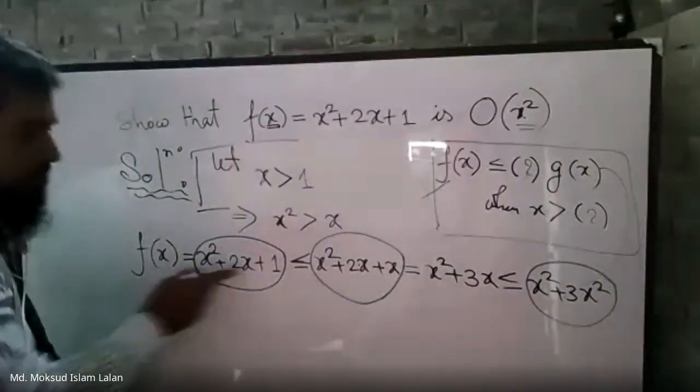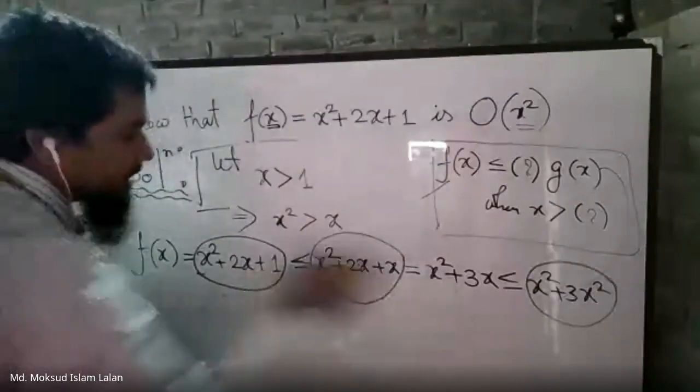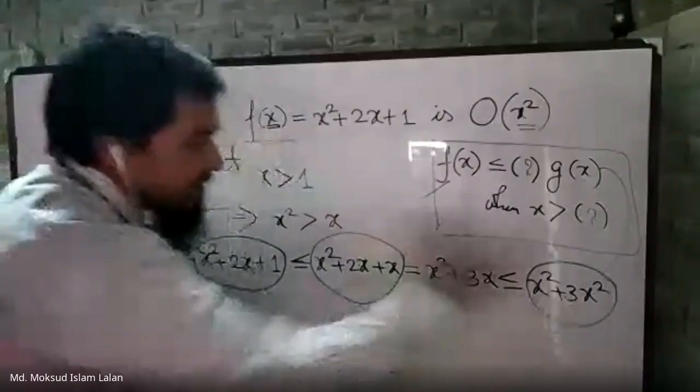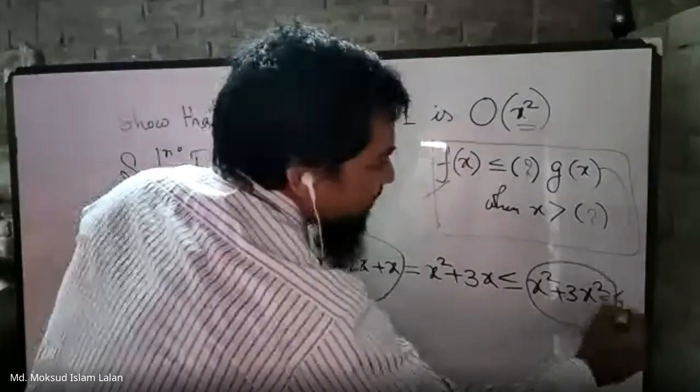This one is the smallest, right? This one is larger than this one, but this one is the highest, larger than this one. Do you understand? So these are the relations we have derived. And for this one, you can just write 4x square. Okay?